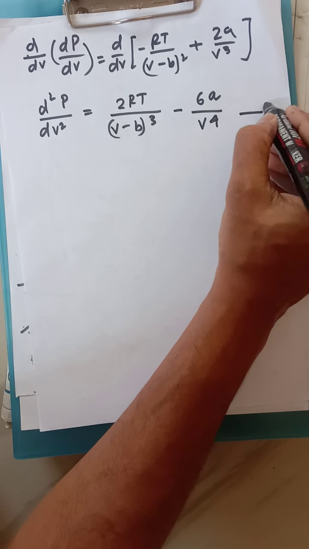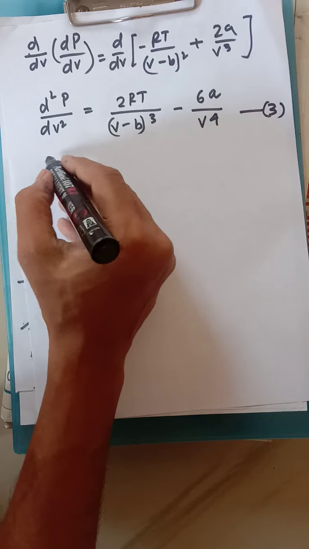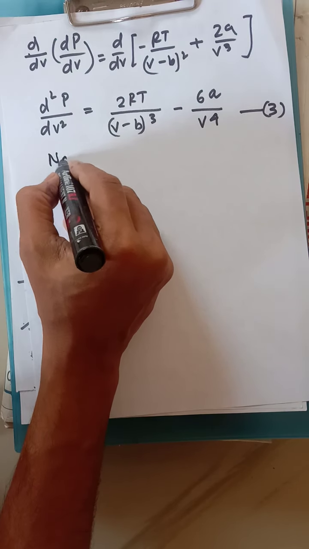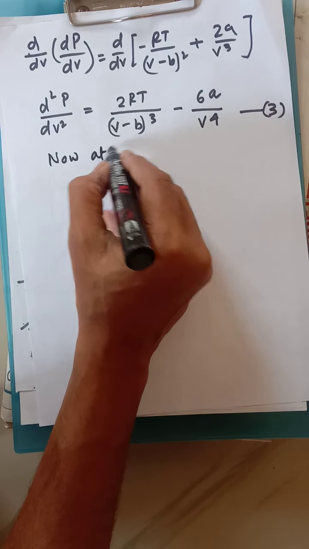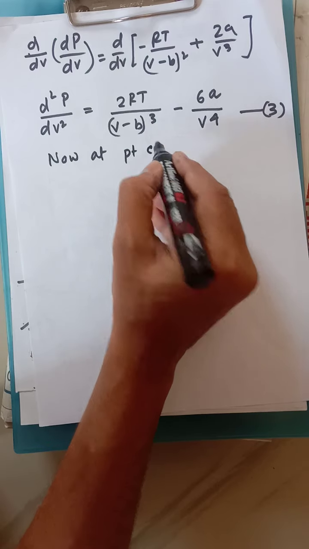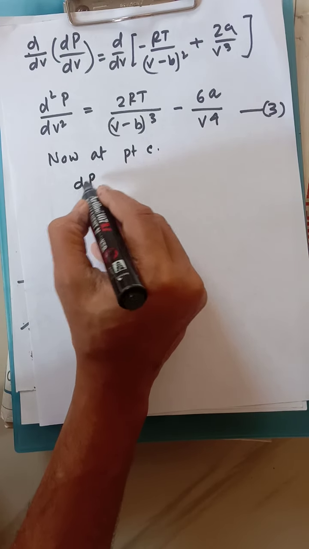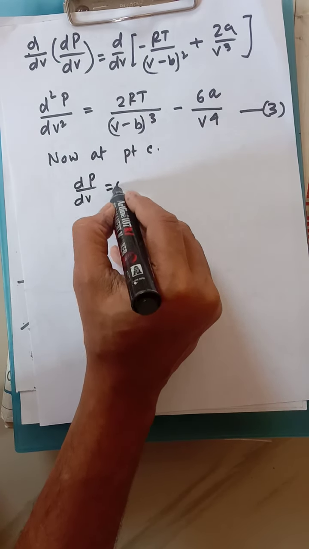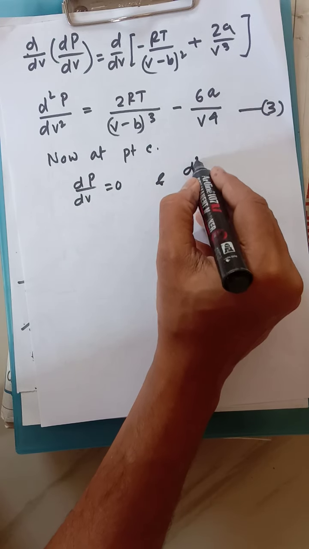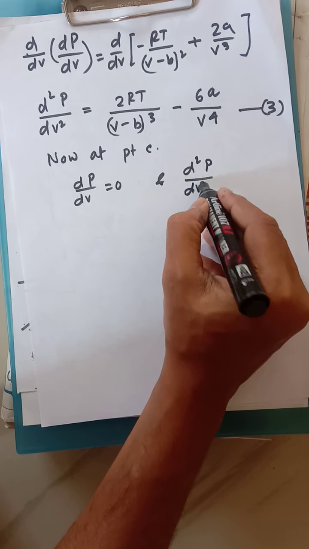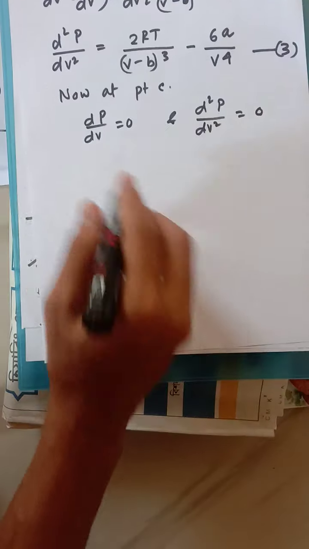Let us consider it is equation number 3. Now at point C, dp/dv equal to 0 and d2p/dv square equal to 0.